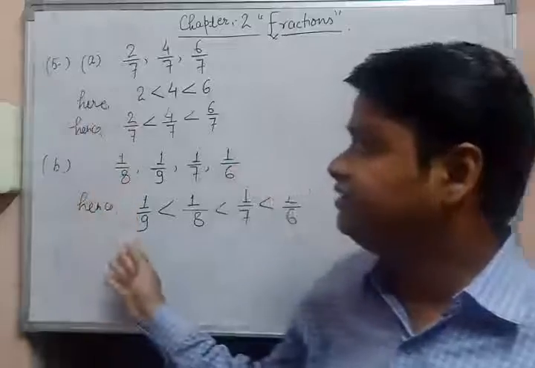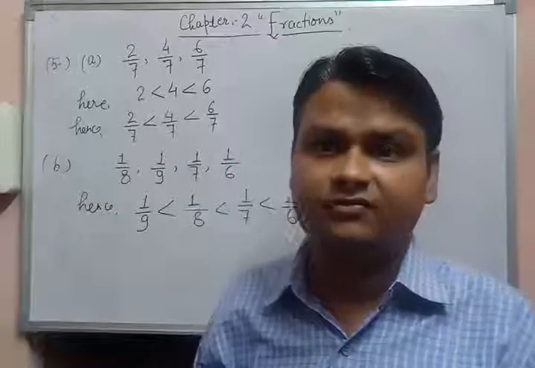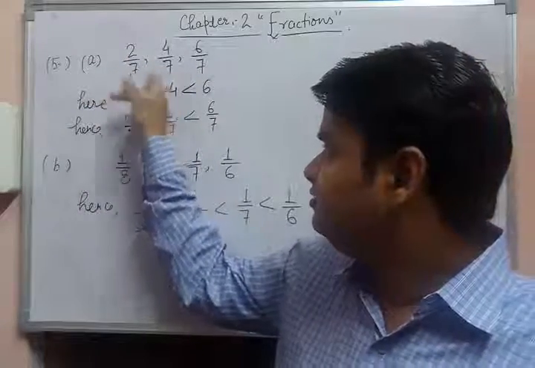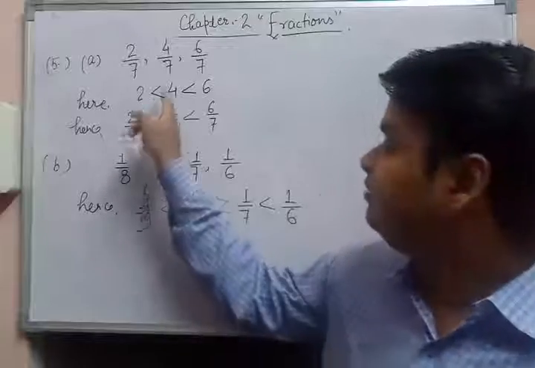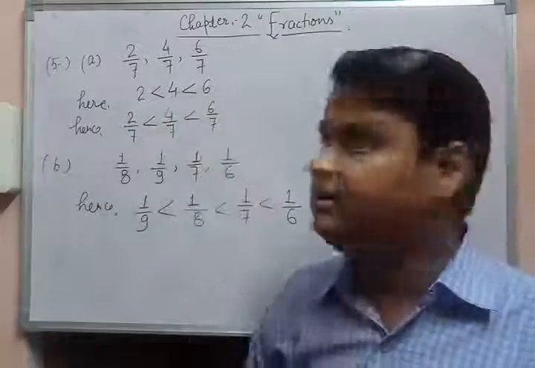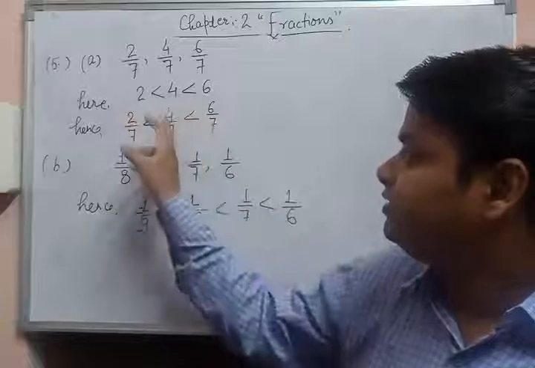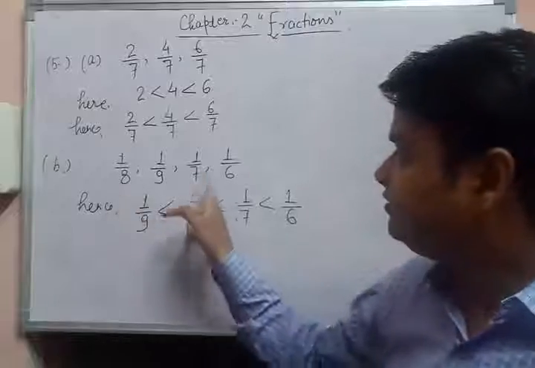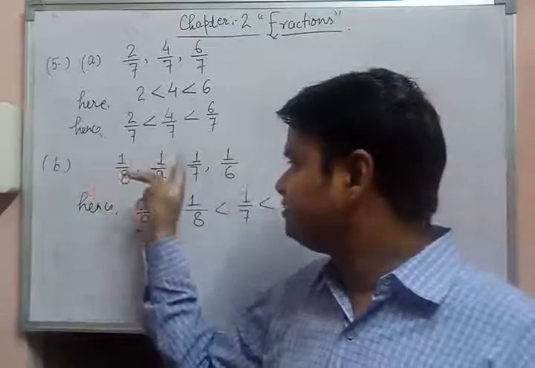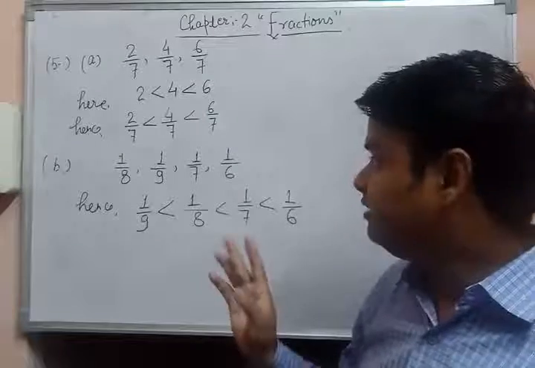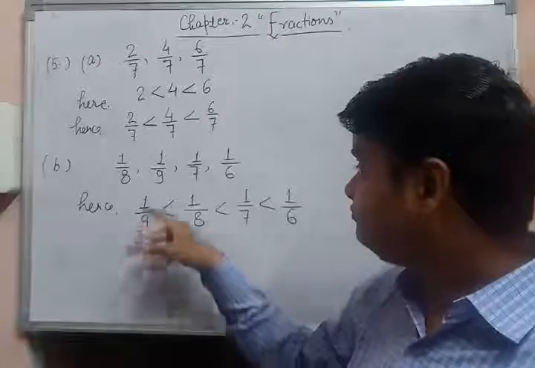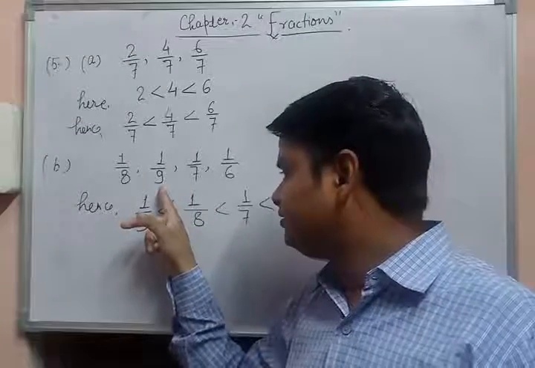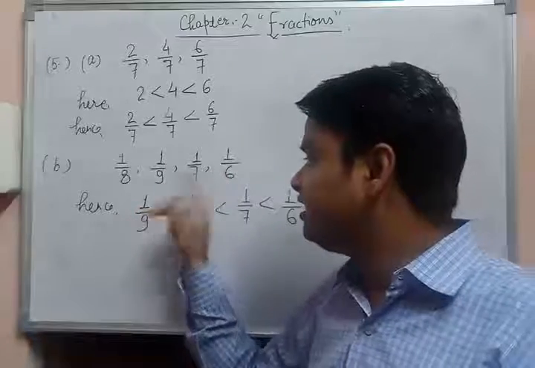This type of question is based only on concept. First type: if you are given all like fractions, then you have to compare only the numerators, and after comparing the numerators, you arrange the fractions in ascending or descending order. And the second type: if you are given the same numerator, then you have to check which fraction has the small denominator and which has the large denominator.